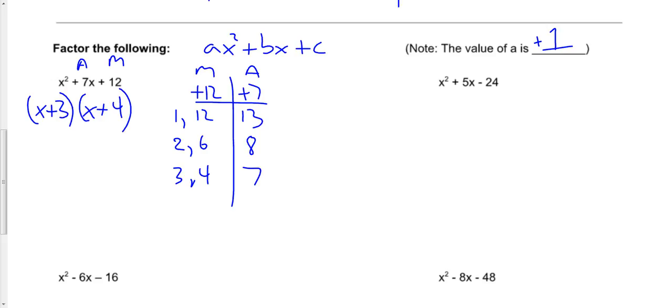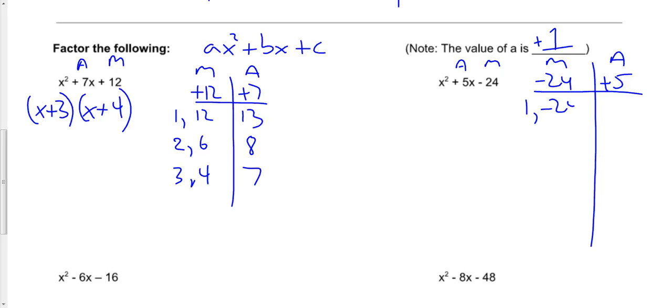Over here, again, they're going to add to positive 5. They're going to multiply to negative 24. So 1 and negative 24, well, that gives me negative 23. 2 and negative 12, that gives me negative 10. 3 and negative 8, that would give me negative 5 if you add those 2 things together.